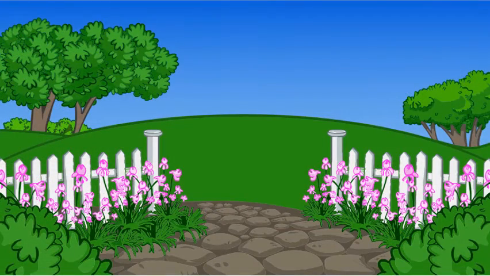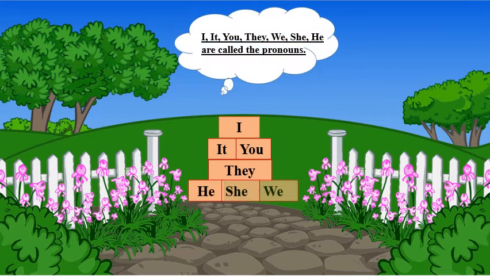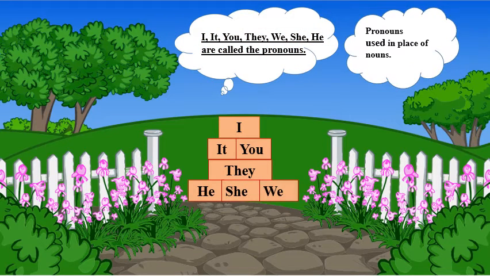Look at this garden. I'm going to make a wall of small words here. The brick I have placed, first of all, is of I. Next brick is it. Then another brick, you.